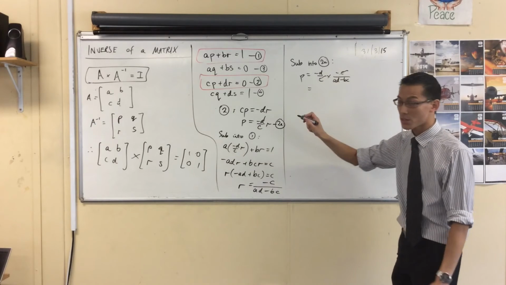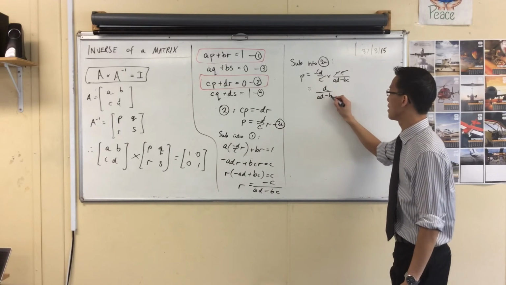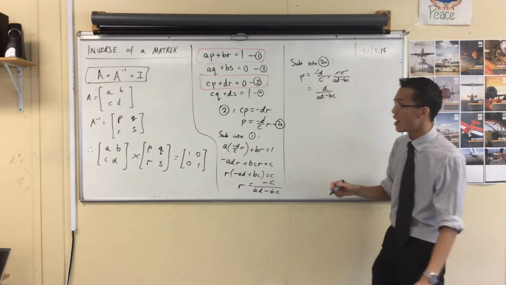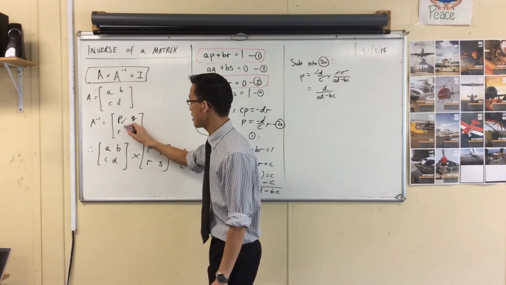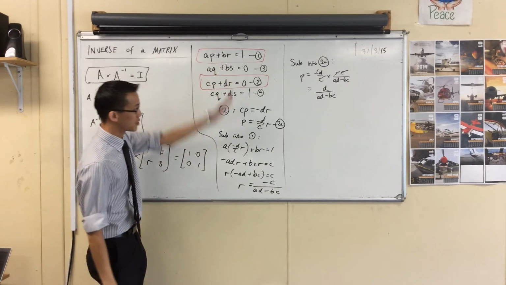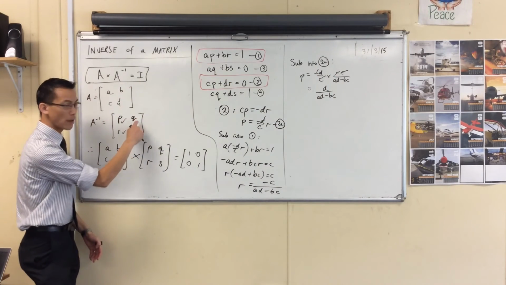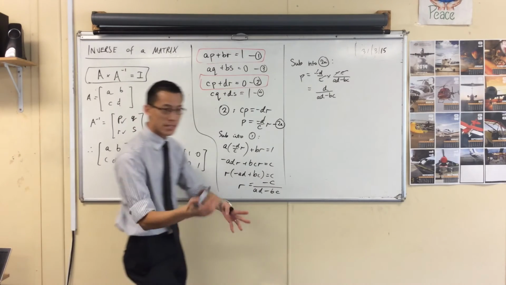The C's are going to cancel, the negatives are going to cancel, and I'm left with this, okay? So now I've got P, I've got R, and if you go through exactly the same process of substitution and simplifying, you will get Q and S as well. This is going to be your result.